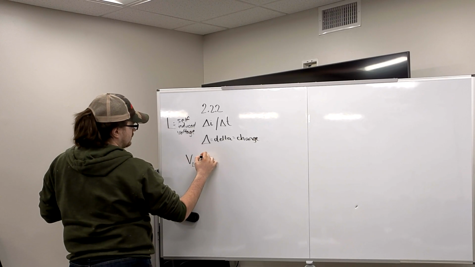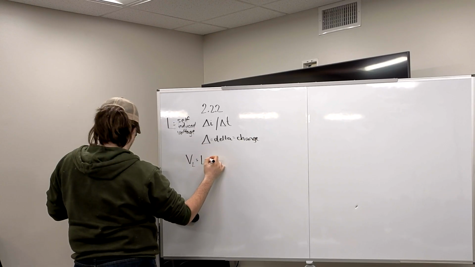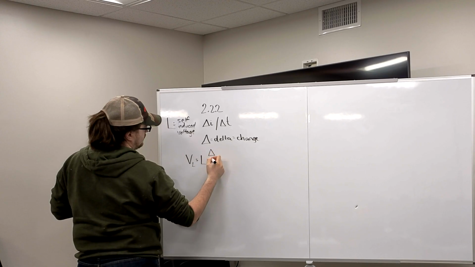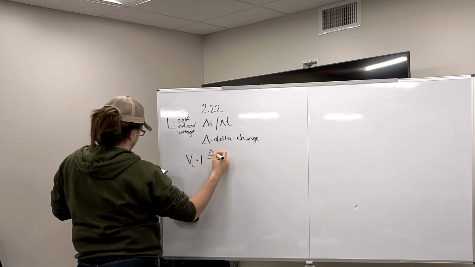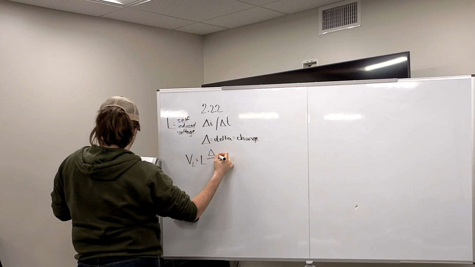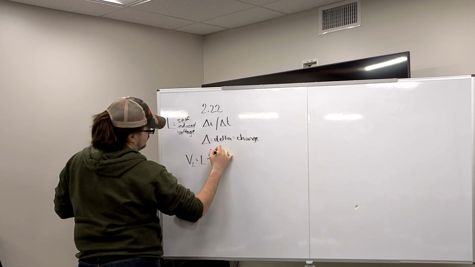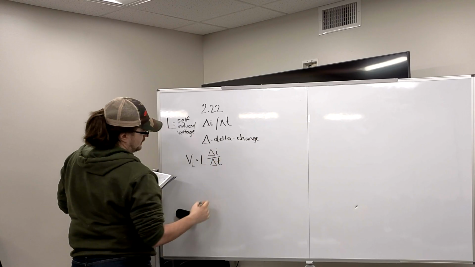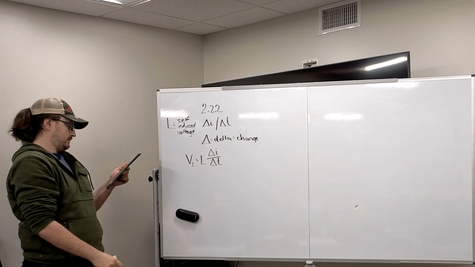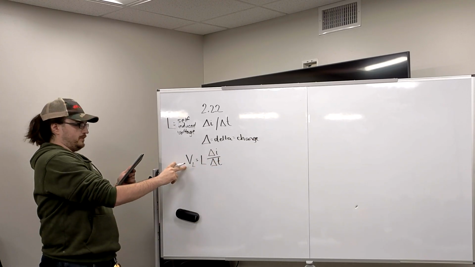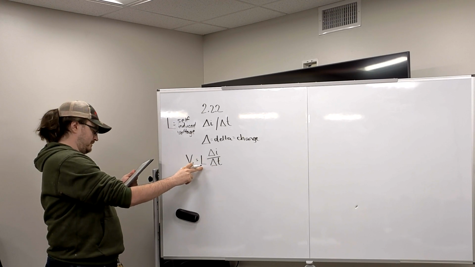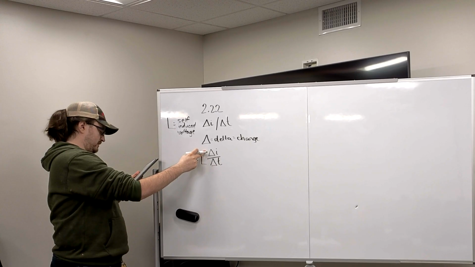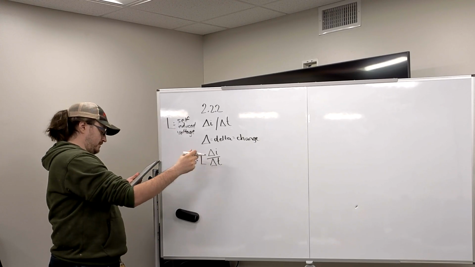That's going to equal inductance. This is your formula. So your self-induced voltage is your inductance times your change in current divided by your change in time.